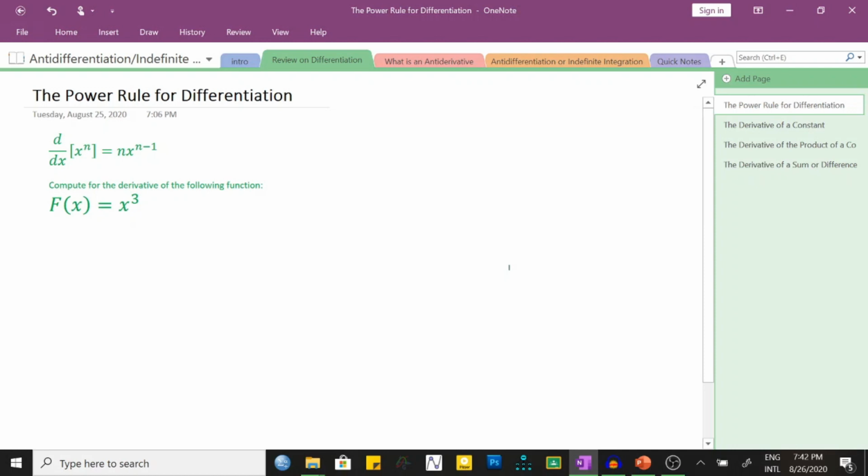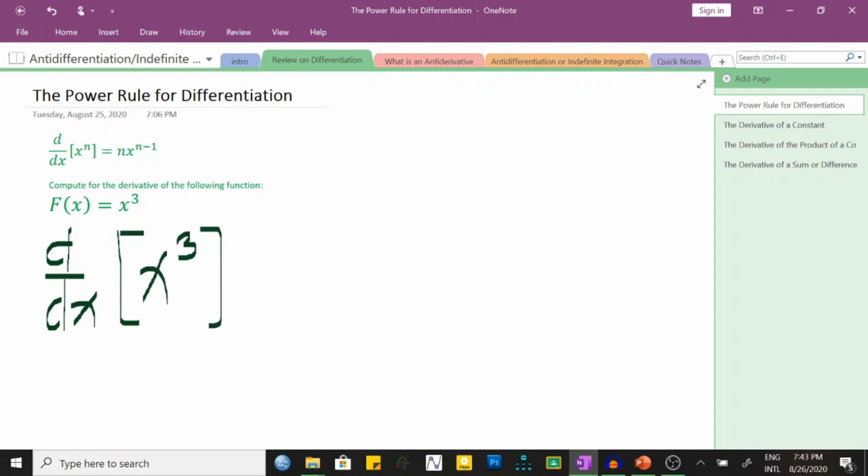So let us write first the notation for derivative, d/dx, the derivative of x cubed. By the way, this thing here tells us the variable that we are differentiating from. So we want the derivative of x cubed with respect to x. Okay, let us continue.